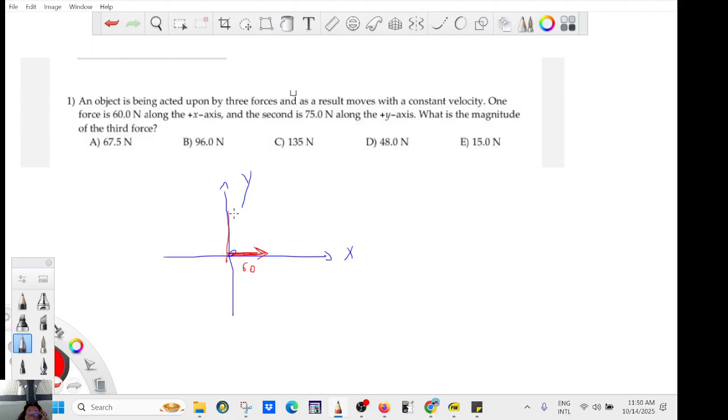The y-axis 75. Imagine it's a box on the floor. One student is pulling in this direction, the other one is pulling in that direction. So it's an equilibrium. It's a mass. You have one string, and you need another string here.